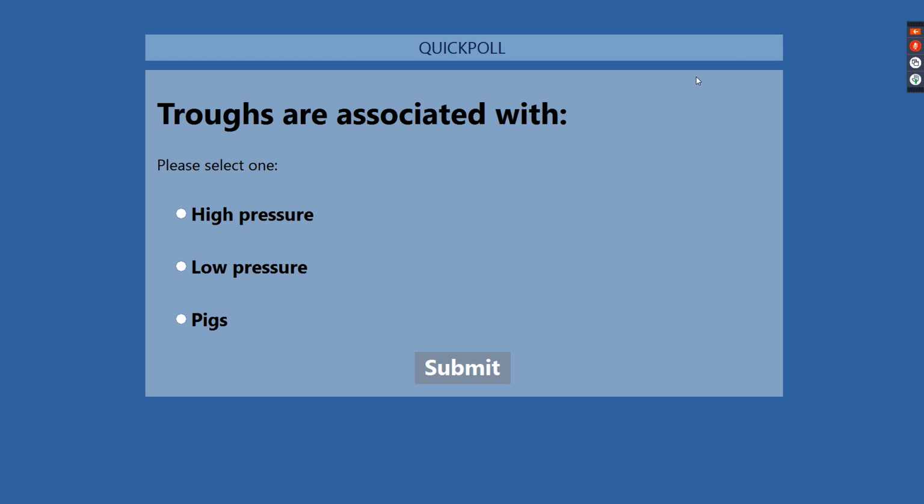Let's try this one. Troughs are associated with high pressure, low pressure, or pigs. Well, we're talking about weather here, so you can kind of throw out the third one, right?